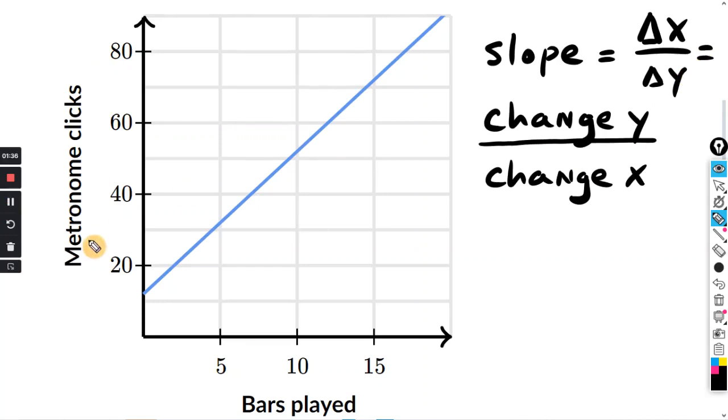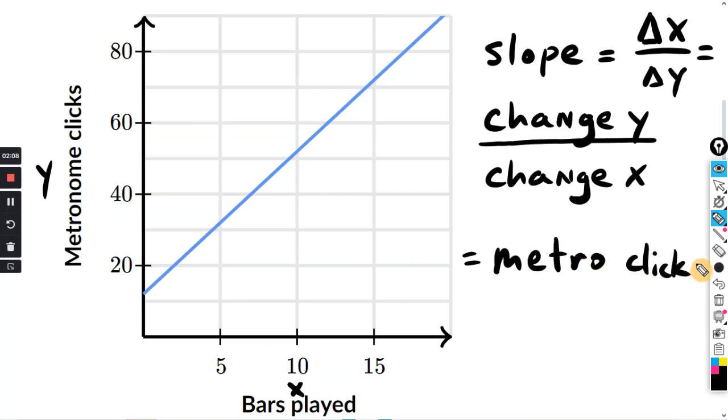And we said before the y-axis is the metronome clicks and the x-axis is the bars played. So change in y would be the change in metronome clicks. In the numerator for the y, I'm just going to write metro clicks. And in the denominator, for the change in x, I will write bars played.